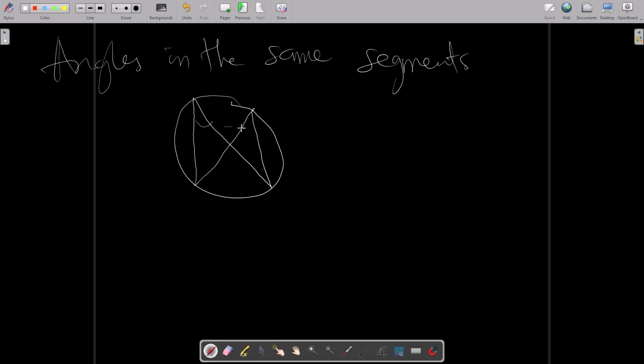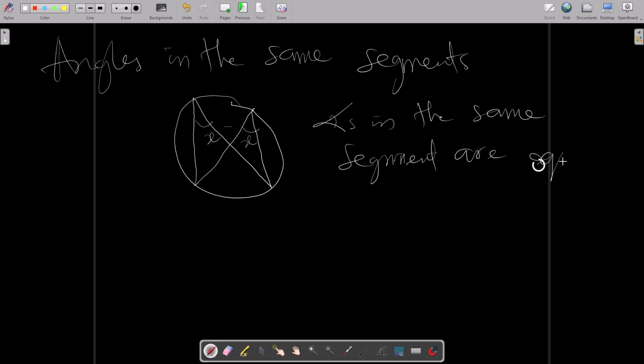The angle here and the angle here are always equal. Right? So we have another simple one.